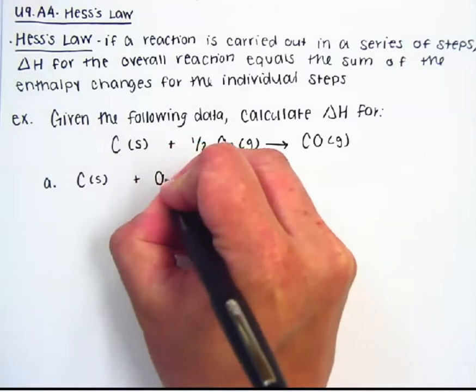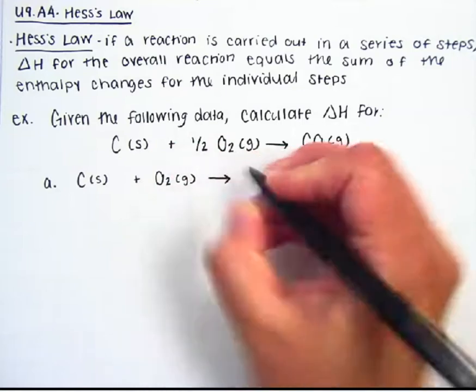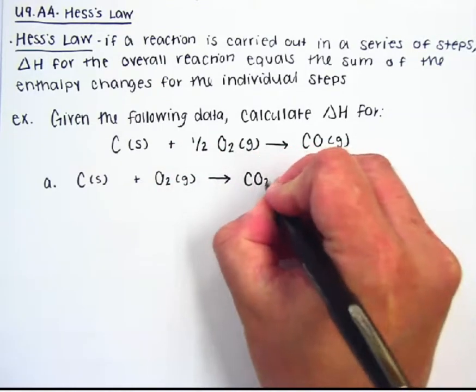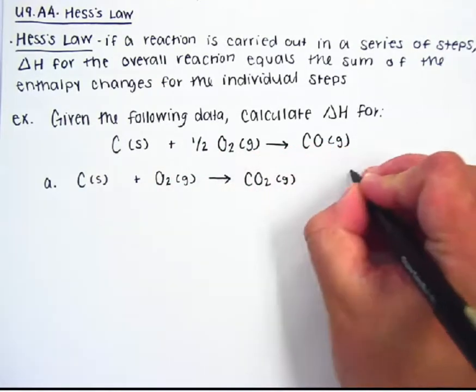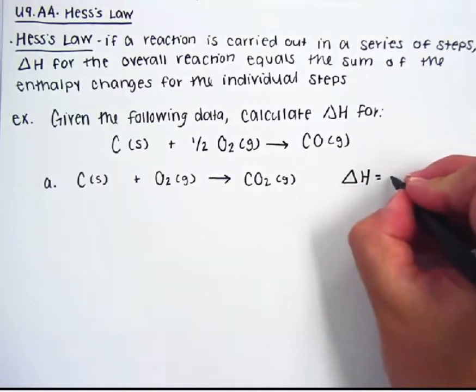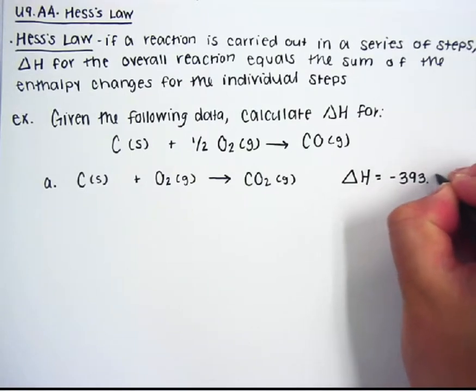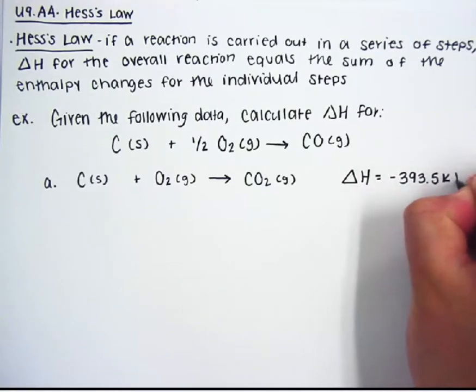Reaction A: carbon plus oxygen produces carbon dioxide with a delta H value of negative 393.5 kilojoules.